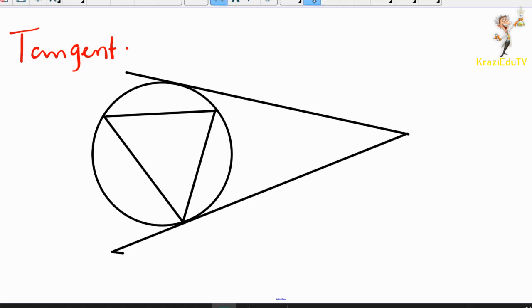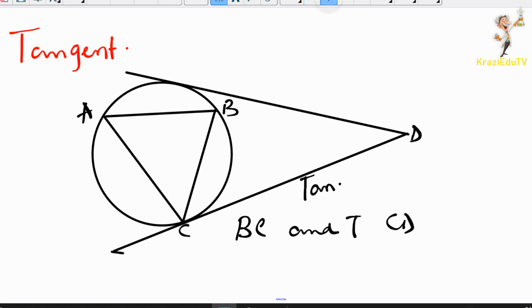Now let's start looking at the chord. Number one, this is a tangent. Let's call this A, B, C, and let's call this D. There is a chord here that forms an angle. Look at chord BC and the tangent CD. There is an angle somewhere here between the tangent and the chord.